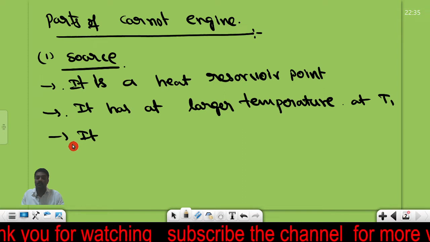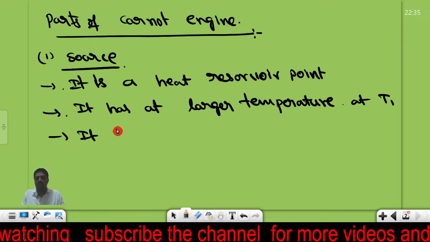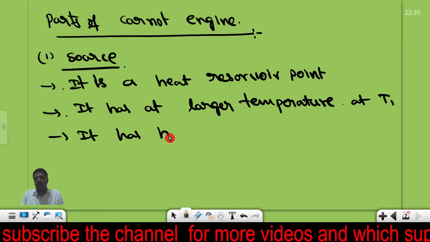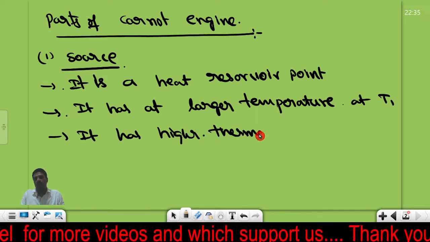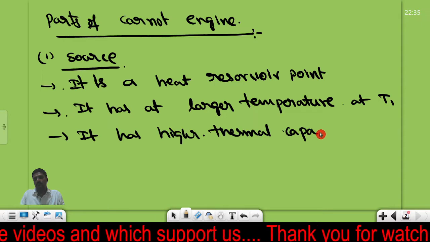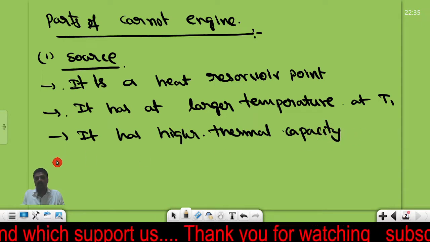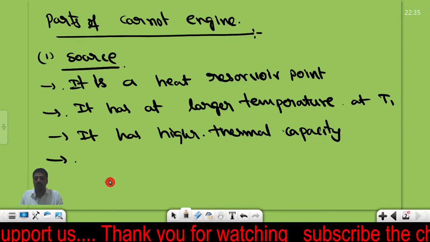It also has a higher thermal capacity. What does higher thermal capacity mean?